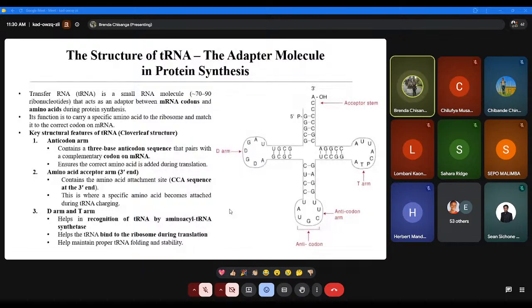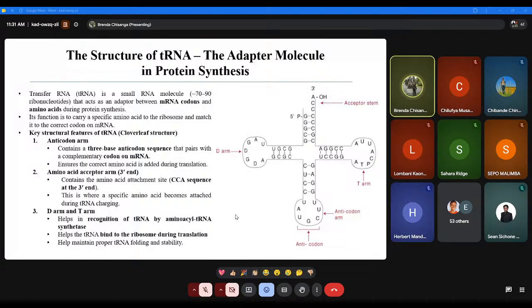We're trying to say that the tRNA has an anticodon arm. The codon in this word just refers to a sequence of 3 nucleotides, and anti means that this sequence of 3 nucleotides is complementary to the codon on the mRNA. Remember, the mRNA is carrying different codons.